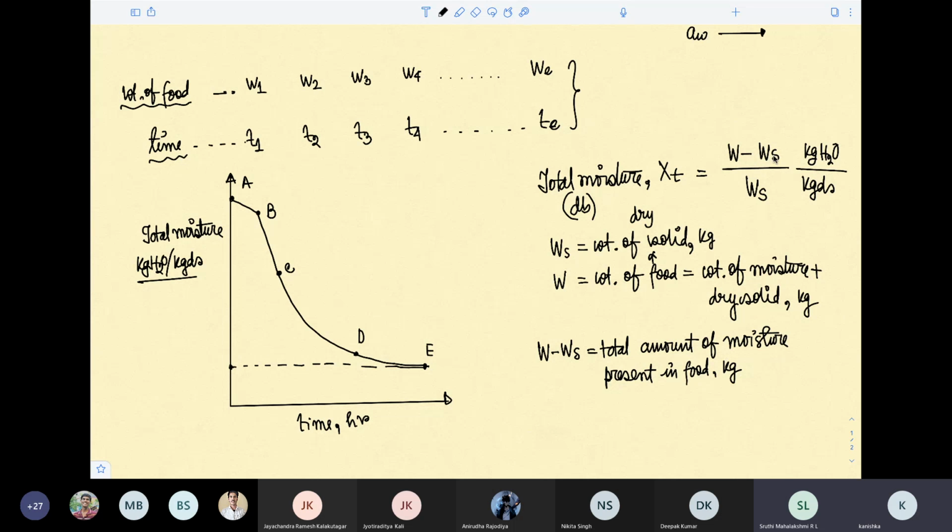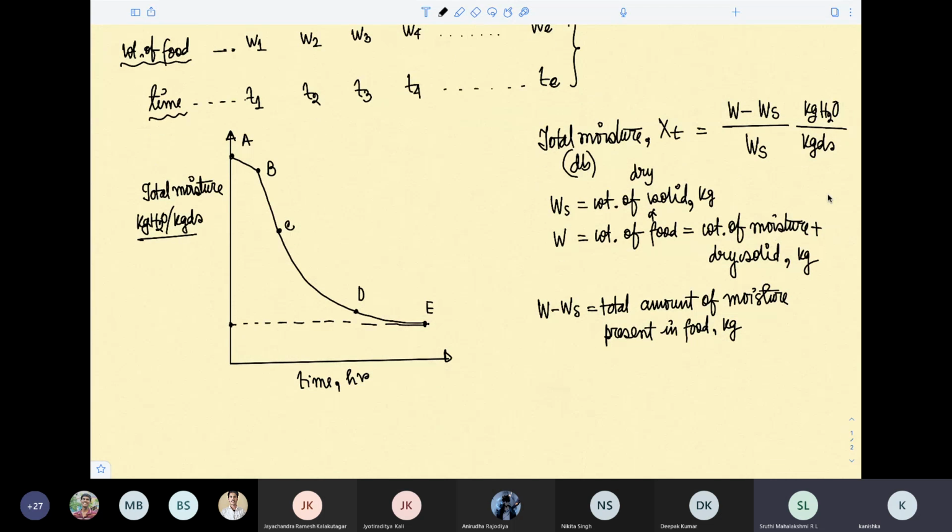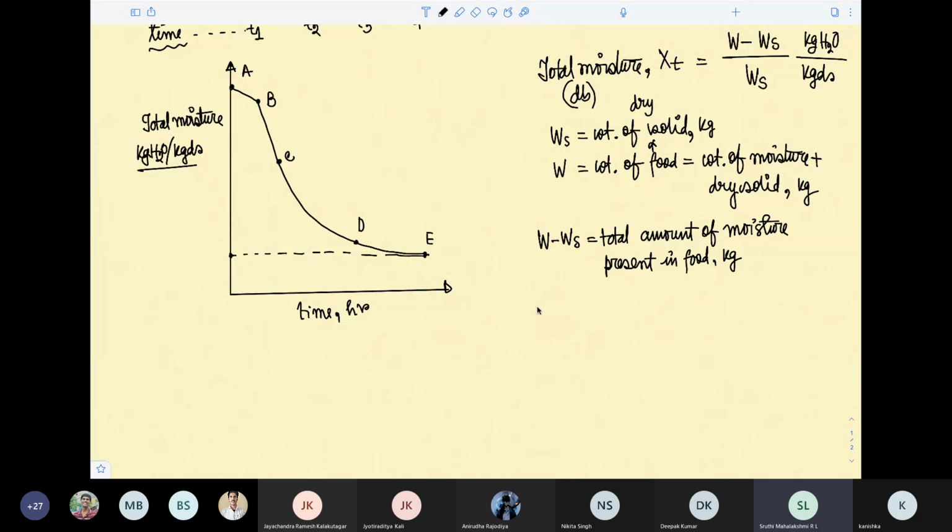So this is the total amount of moisture divided by the amount of solid. Now, how do we get the dry solid? We expose the food material to 105 degrees C for 4 to 6 hours. We sometimes call it bone dried solid also.